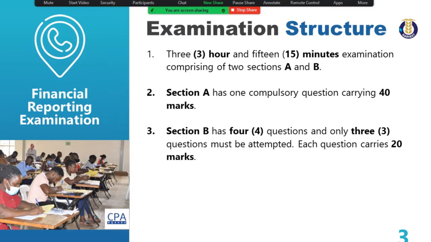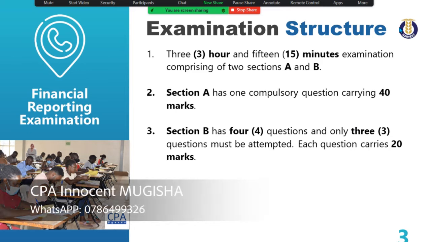Section B has 4 questions, and as a candidate you'll be required to attempt 3 questions out of the 4, and of course those 3 questions each carries 20 marks to bring us to the 60 marks that you add on to the 40 to give you the 100%.